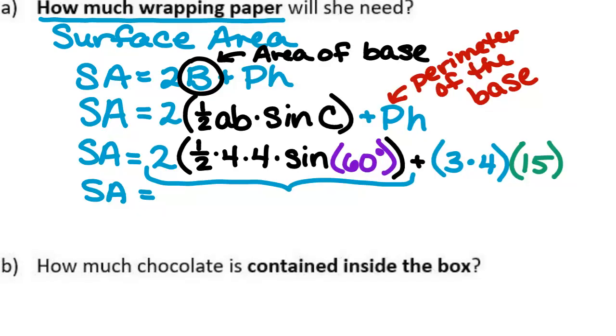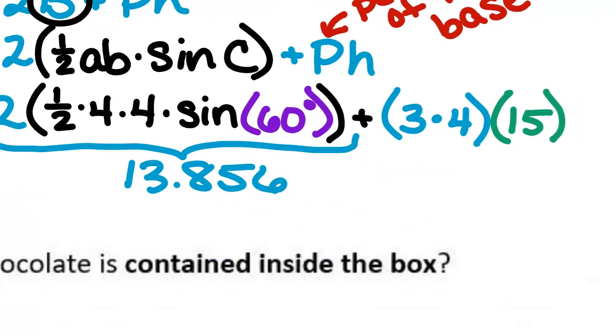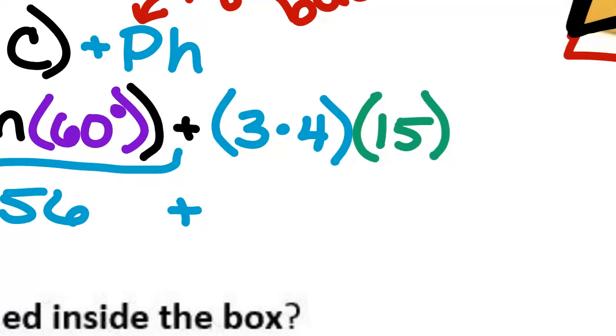What is 2 times 1/2 times 4 times 4 times the sine of 60? 13.856. Plus, now back here we do 3 times 4 times 15.